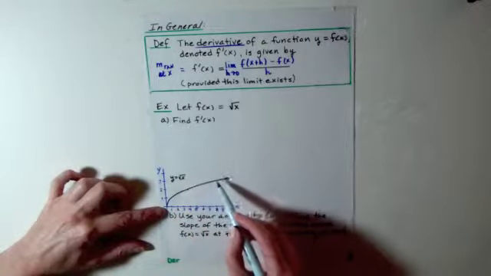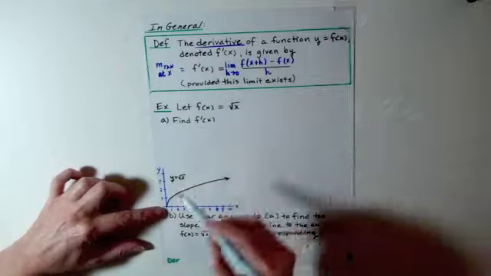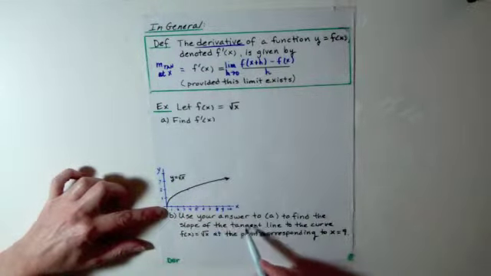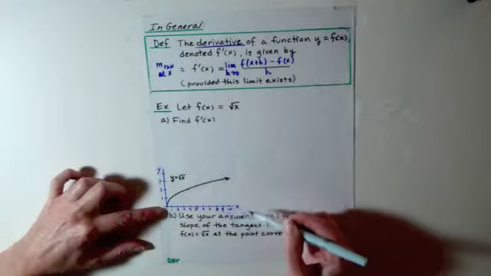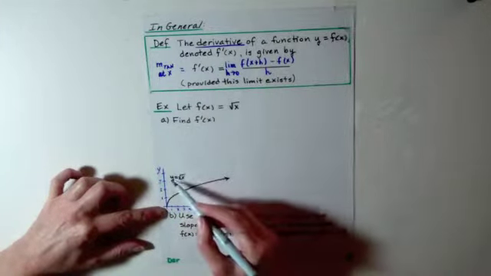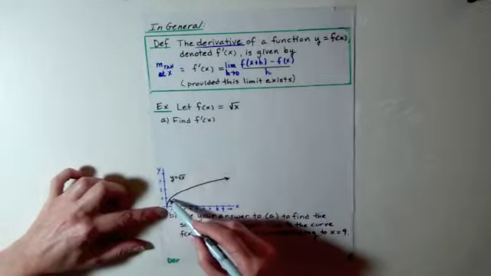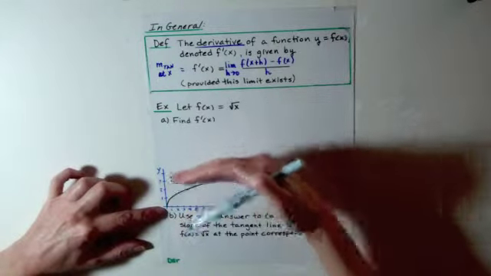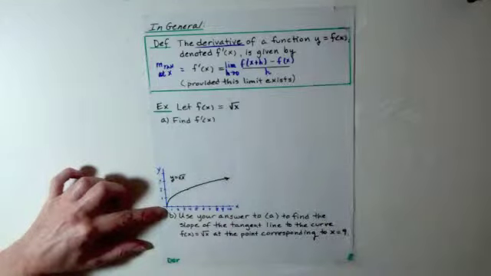Since we're taking the positive square root of x, it's the upper half of a parabola that would open to the right and would have an axis of symmetry right along the x-axis. Since y is equal to the positive square root of x, we're only getting the points whose y coordinates are positive, in other words, above the x-axis. That's why we only get the upper half of that parabola.